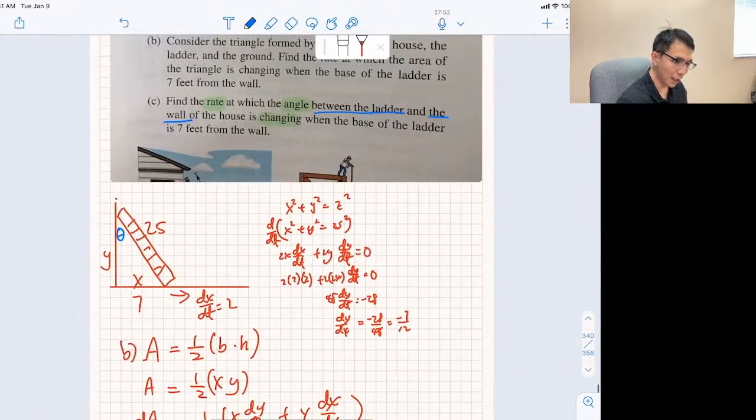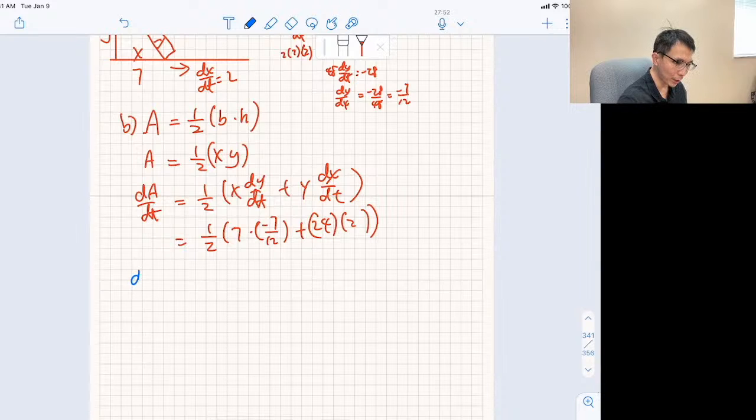So anytime you have d theta dt, this is what you have to write down. Anytime d theta dt comes up, you have to use SOHCAHTOA as a relationship.